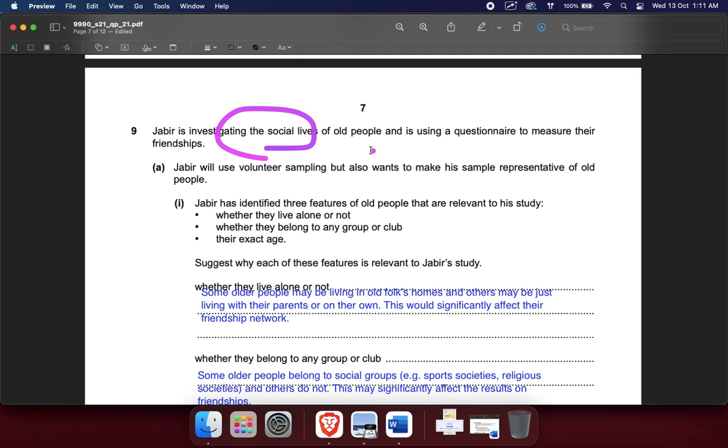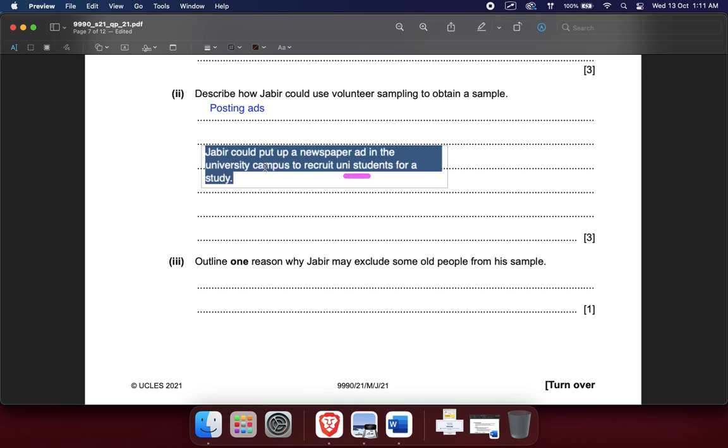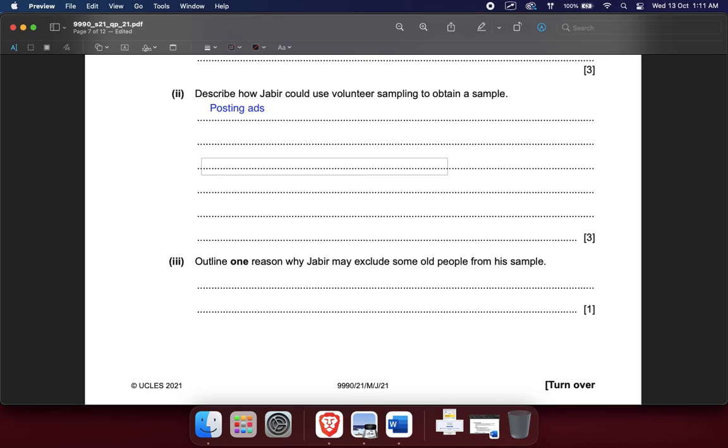The question is about social lives of old people. Because I'm tired, I wanted to put uni students. Wrong. Firstly, Jaber could use voluntary sampling by posting ads for recruiting participants in old folks' homes.